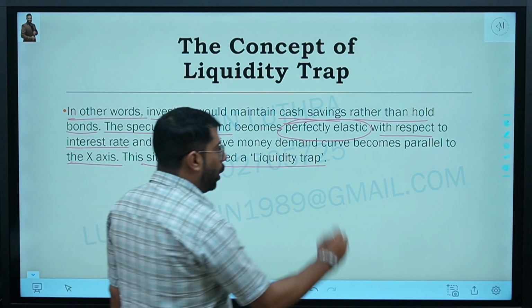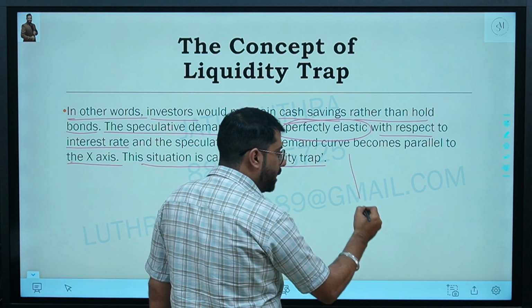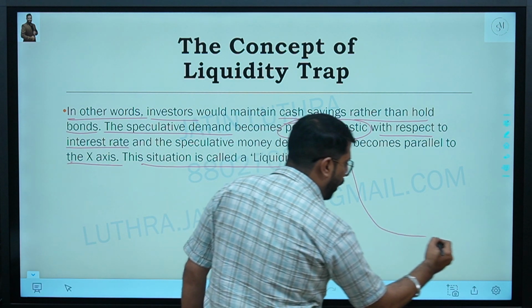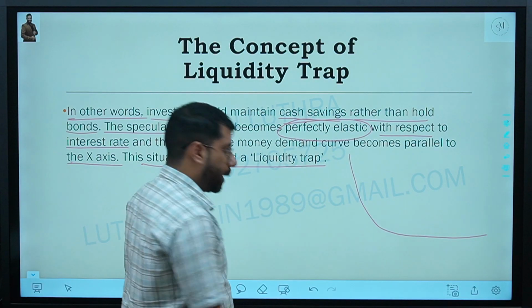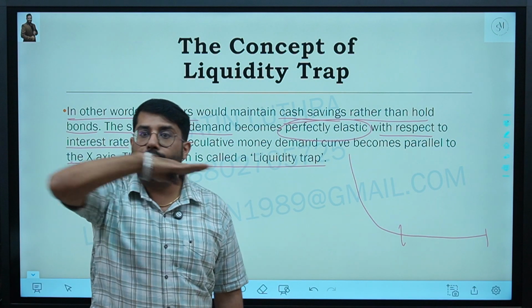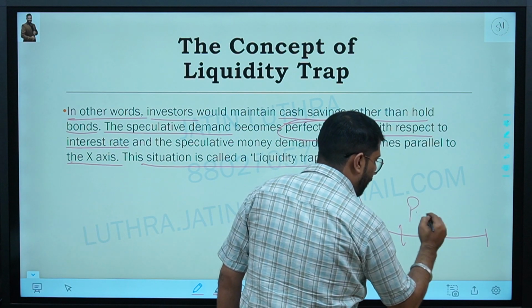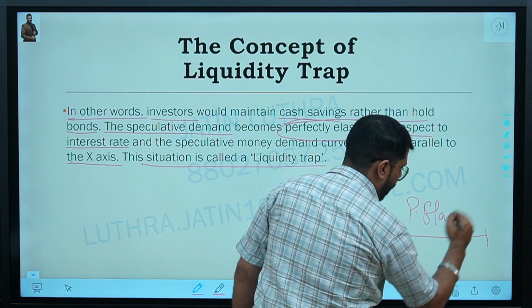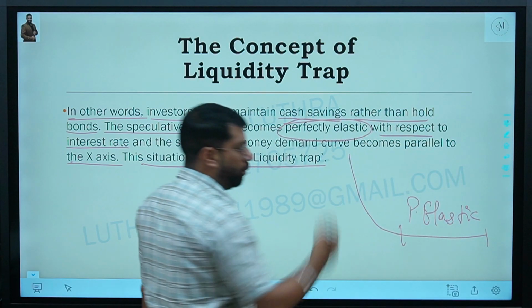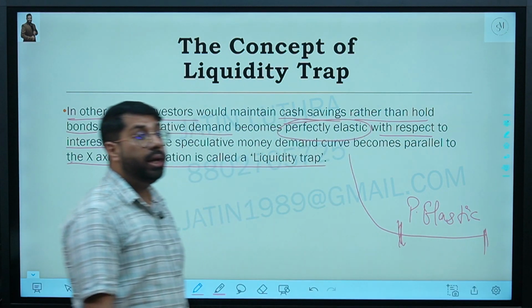It means your demand for investment is decreasing, and there will be a point where it will become perfectly elastic. This part where your demand curve will be flat, parallel to the x-axis, will be known as perfectly elastic demand. So this part will be known as the liquidity trap.